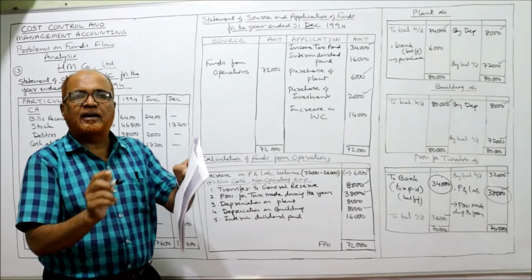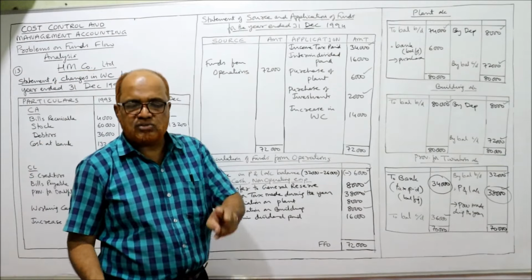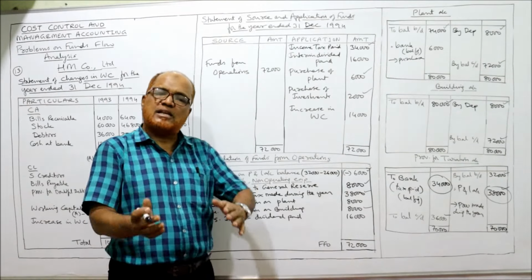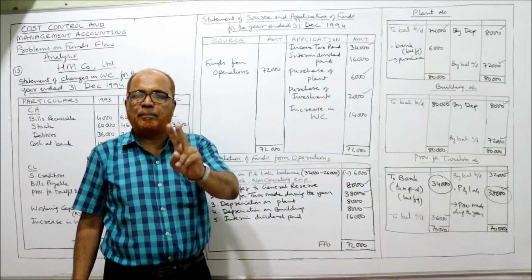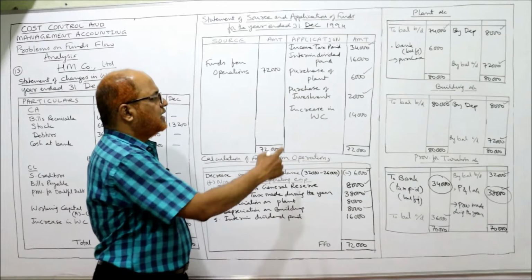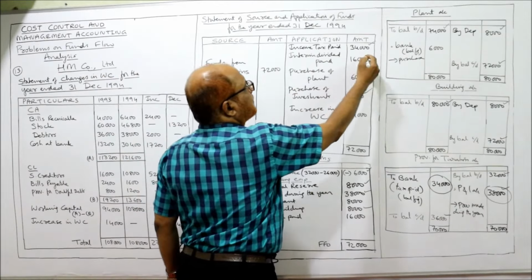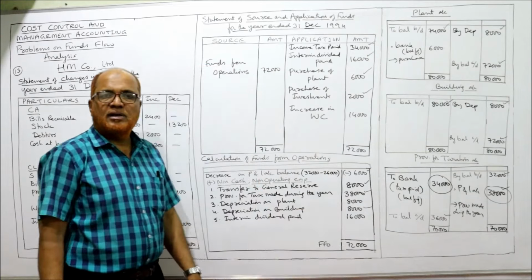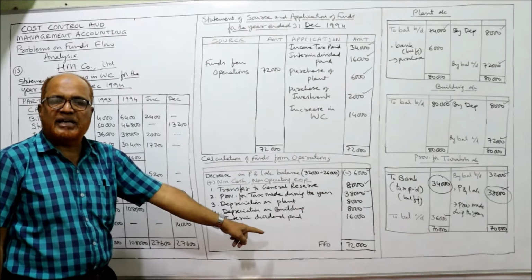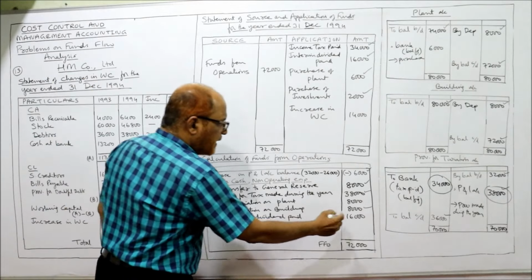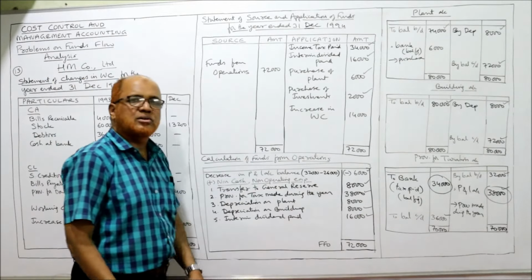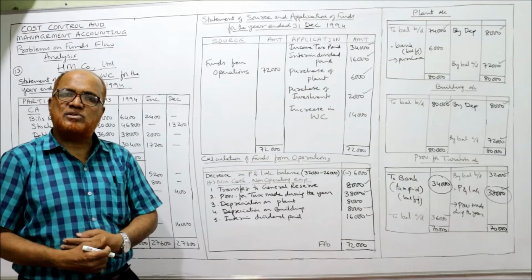Interim dividend paid 16,000. This will appear twice, just like the previous problem. Adjustment, it is given interim dividend paid twice. Application side, interim dividend paid 16,000. And again this 16,000 will be taken as a non-operating expense. So here interim dividend paid 16,000, over all the items we have taken.